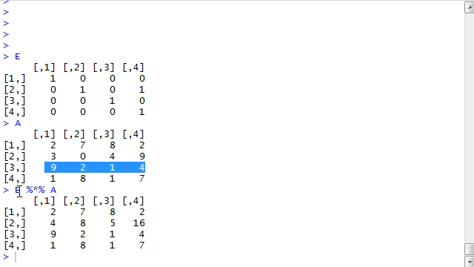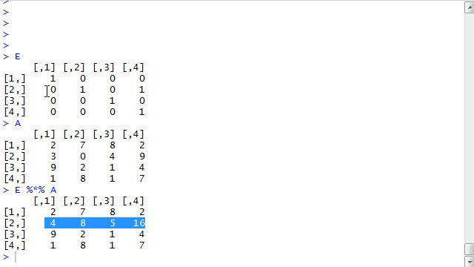The product of E times A will be the same as A with the following change. Row 2 will be affected simply because the off-diagonal element is in row 2, and it will be replaced by the sum of the second and the fourth row because this is in position 2, 4.